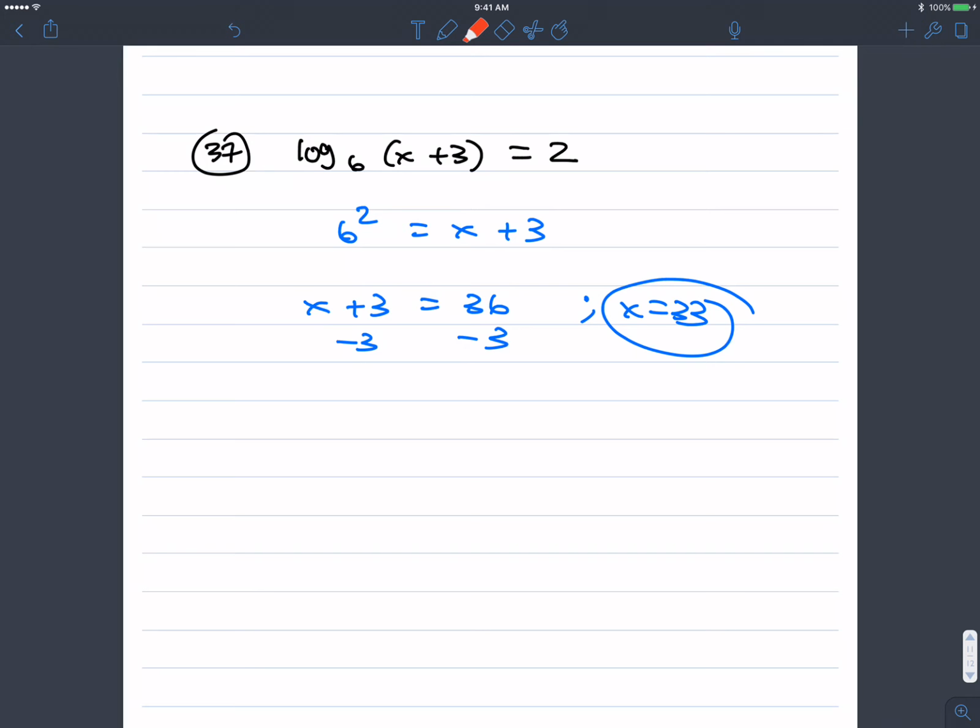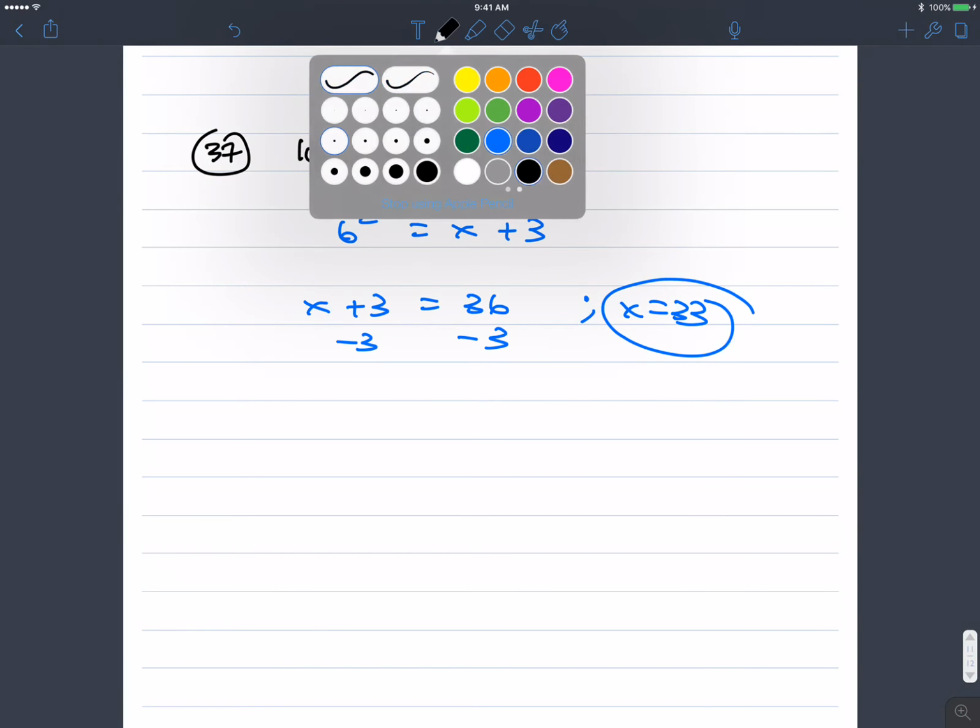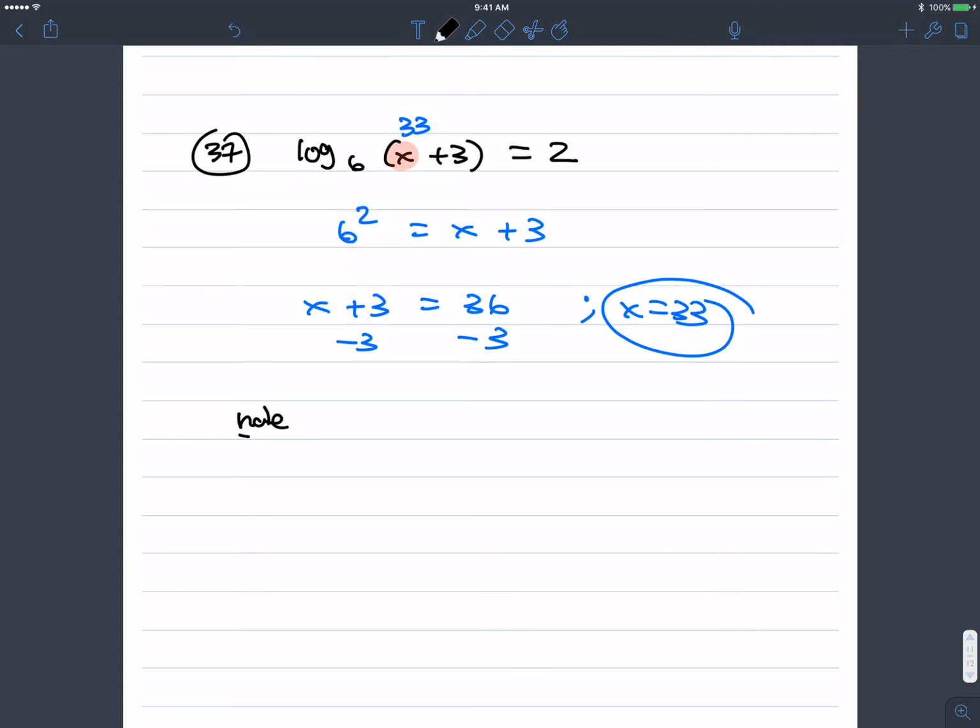So if I go back now, right in here, replace 33 for x, let's note we get log base 6 of a nice positive number, 36, is 2. That is a true statement. And more importantly, to point out to you that this must be a positive number for our value of x being 33 to be a solution.